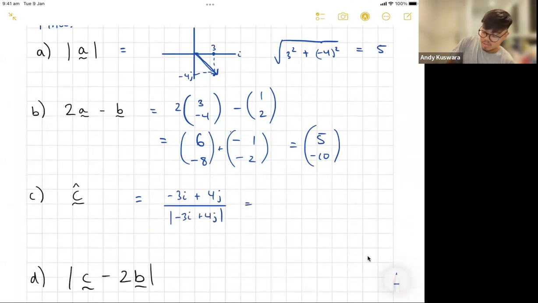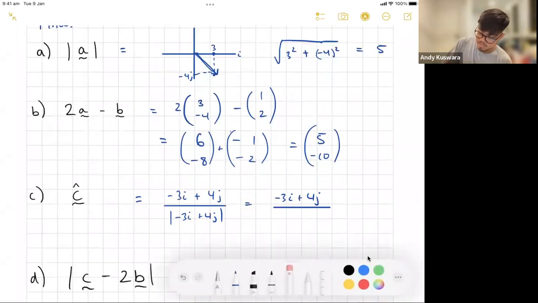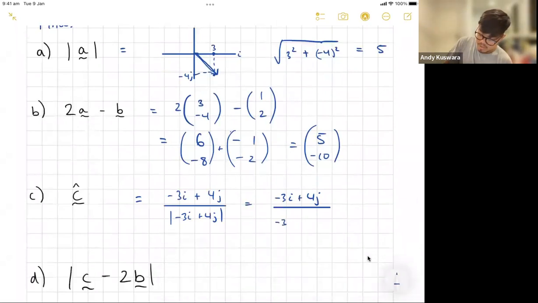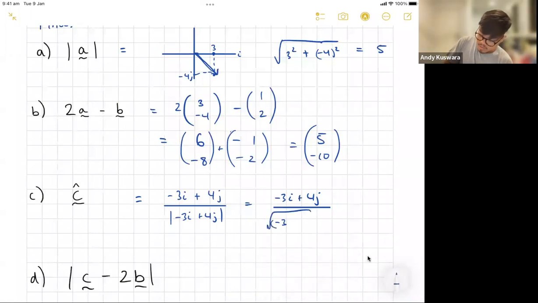And so here I know that's just going to be minus 3i plus 4j over 5, because the length of that is going to be minus 3 squared plus 4 squared. So I know it's just going to be 1 on 5 times negative 3i plus 4j. And that there would be your unit vector. So it's just a vector, but it's got a length of 1.